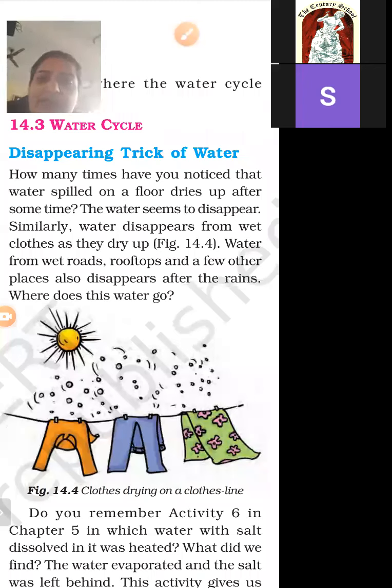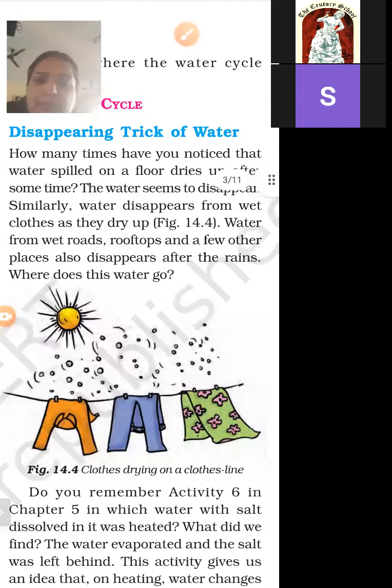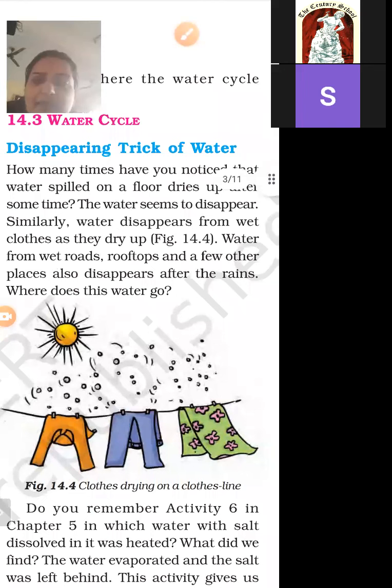Similarly, water disappears from wet clothes as they dry up. In figure 14.4, we are drying clothes in the sunlight, and the water disappears. जैसे ही wet clothes से पानी disappear हो जाता है, तो ये हमारे कपड़े सूख जाते हैं.